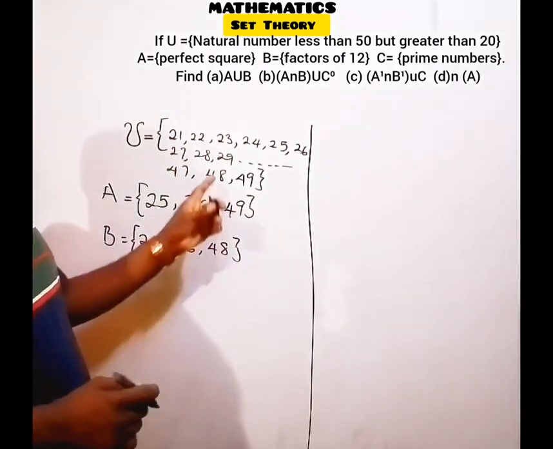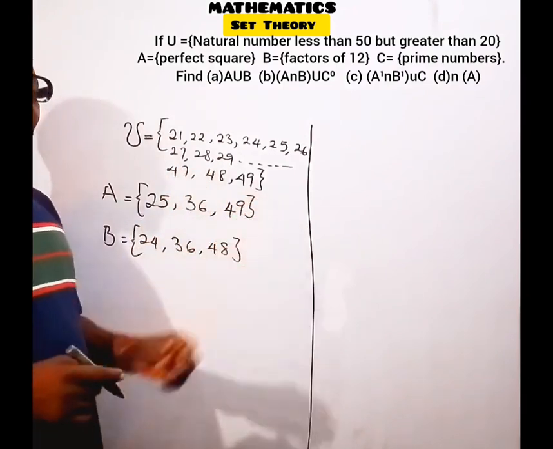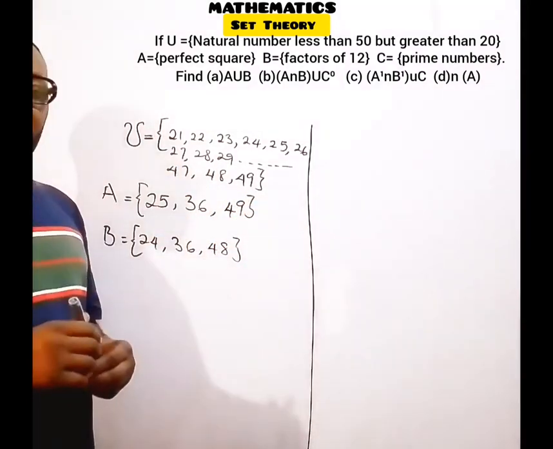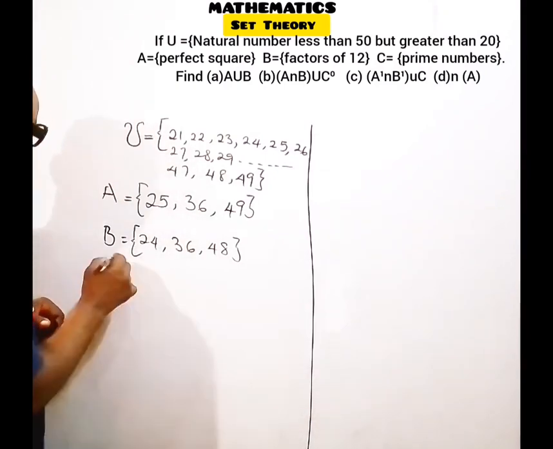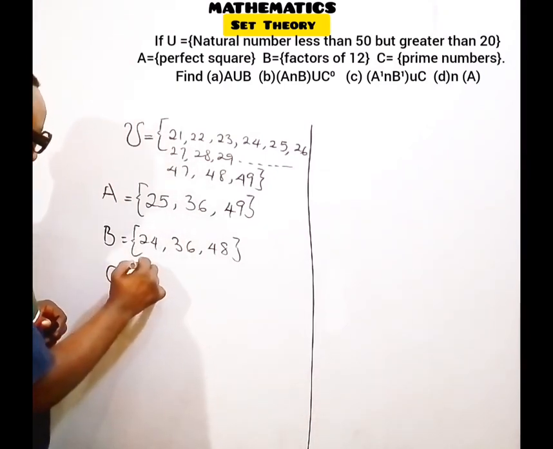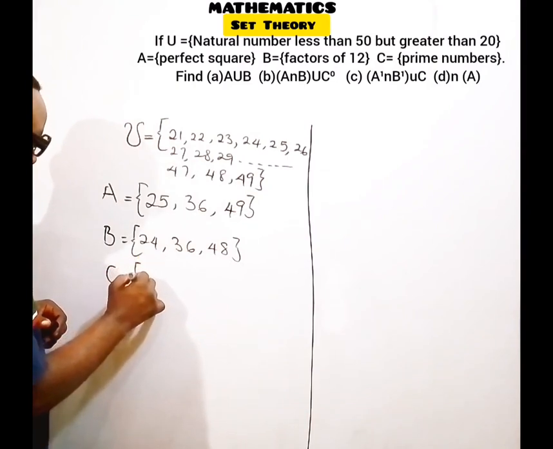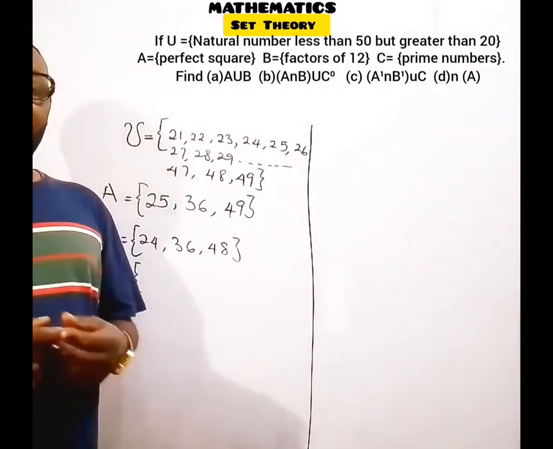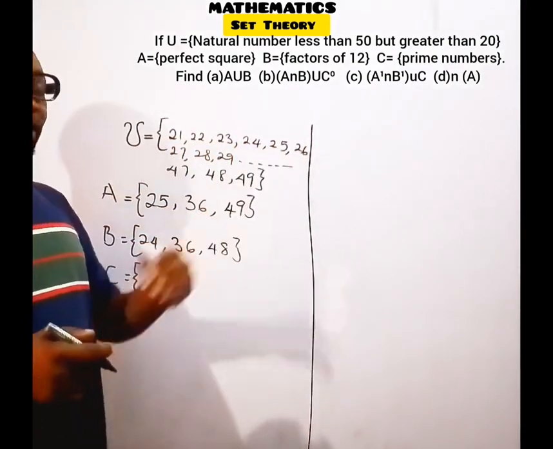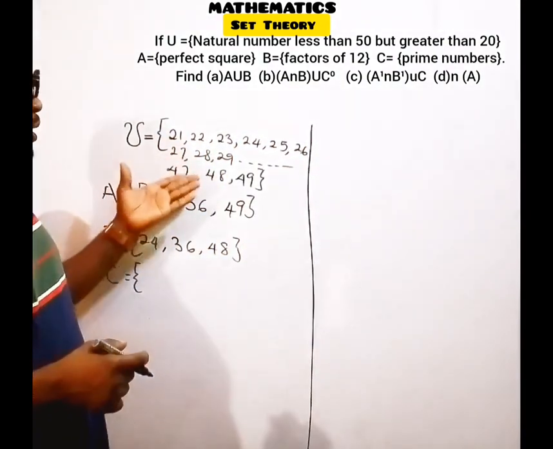Any other values that we have here, when you divide them by 12, you are going to have a remainder. Now, the last set we have here is said to be the prime numbers. The prime numbers that are found within this universal set.